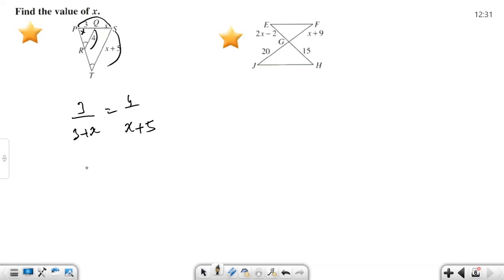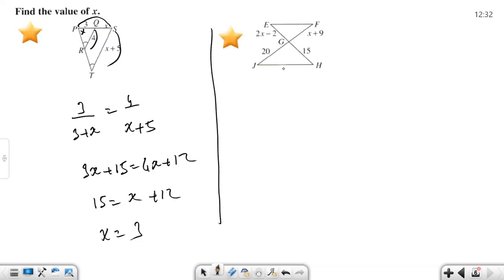So if you do cross multiplication, 3x plus 15 is equal to 4x plus 12. Here you can subtract 3x from both sides, 15 equals x plus 12. If you take away 12 from both sides, x will be equal to 3. So x equals 3, the first one.